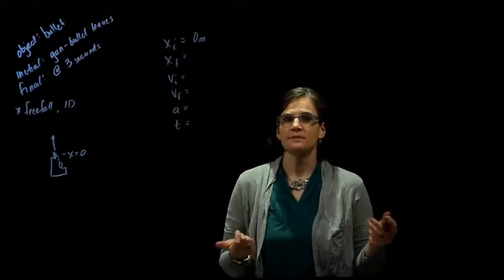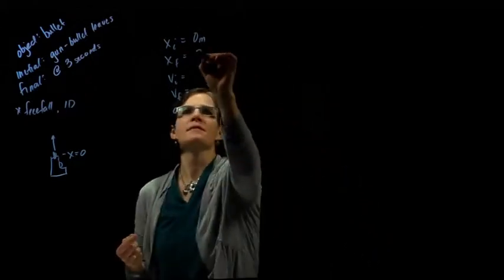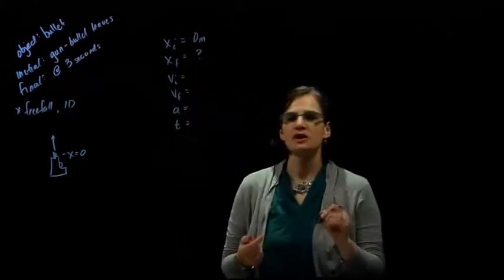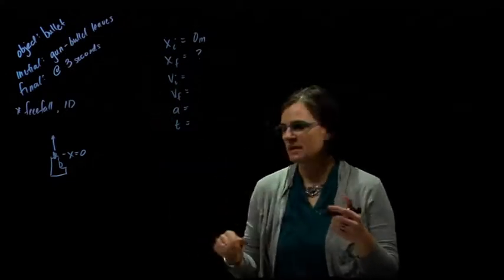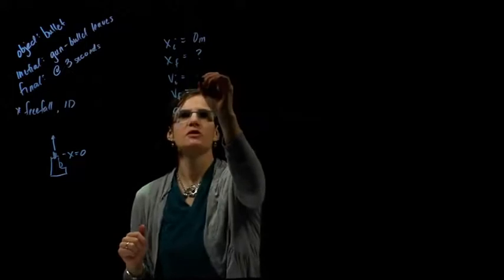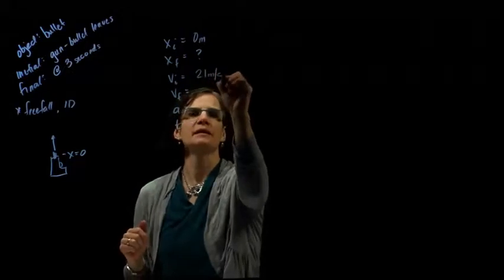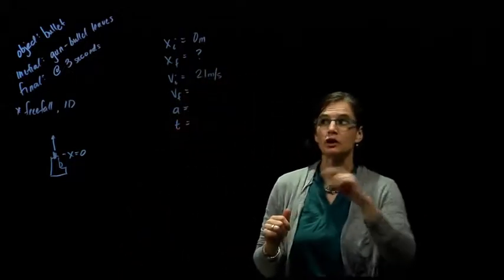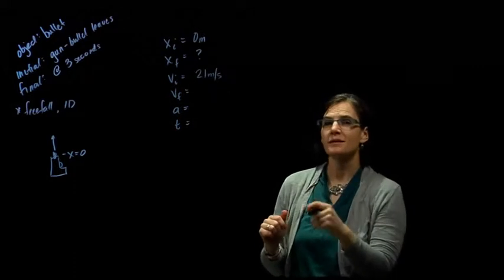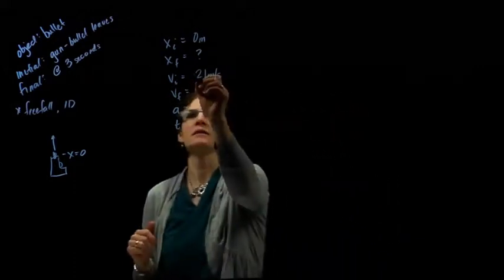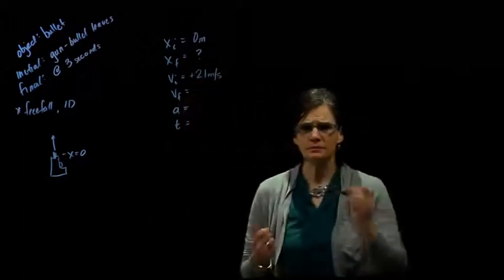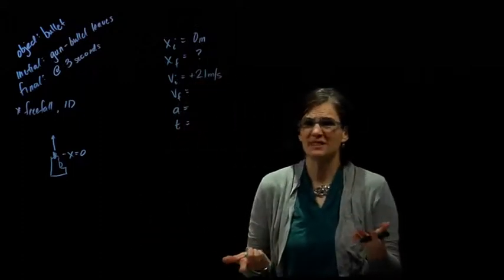Final position, I don't know. That's a question mark. The initial velocity, how fast is the bullet moving when it leaves the gun? That's given in the problem as 21 meters per second. Again, it's always good to check that direction. Should it be positive? Well, it says it shoots the bullet up, so this is in fact a positive value. V final, is that final after 3 seconds?